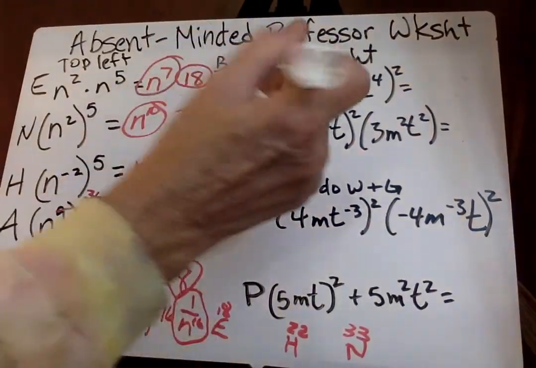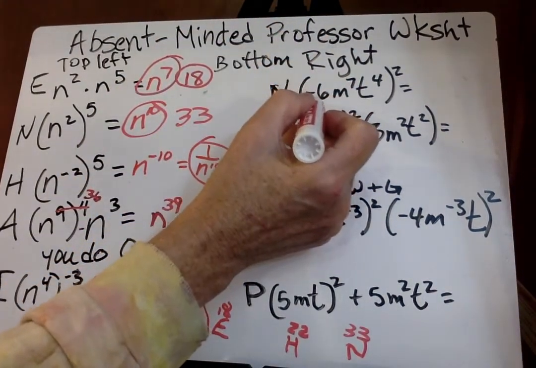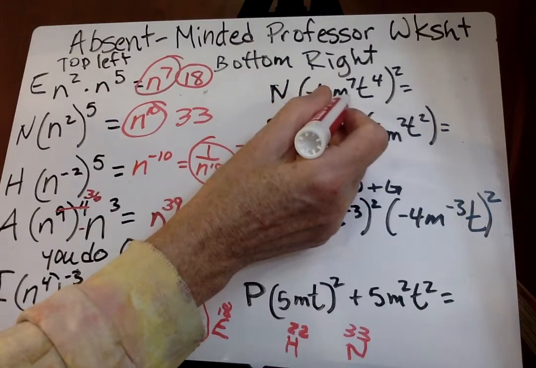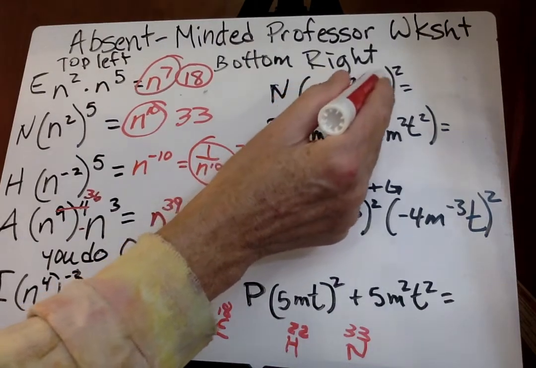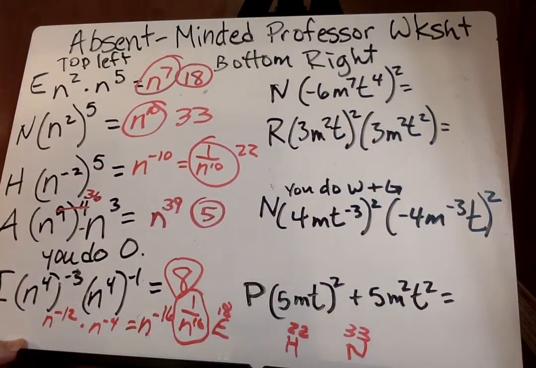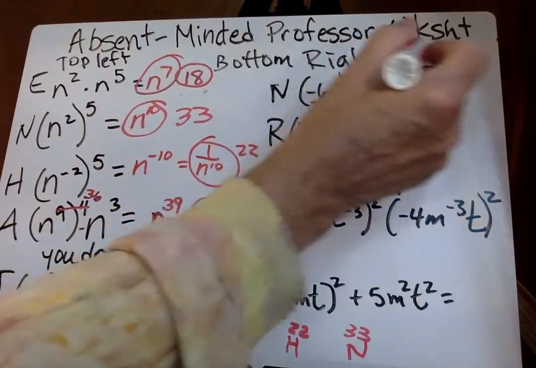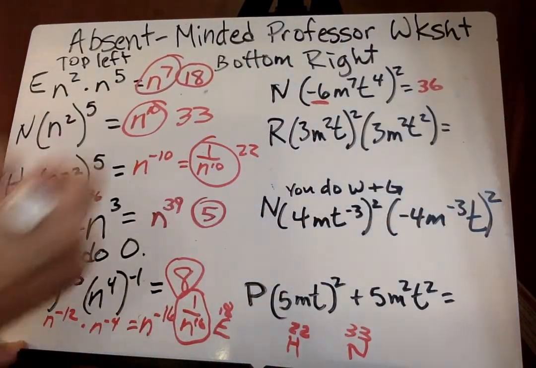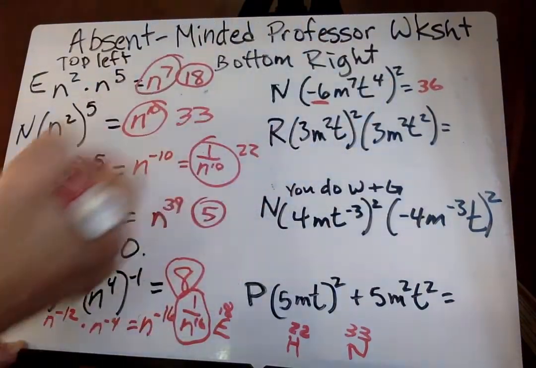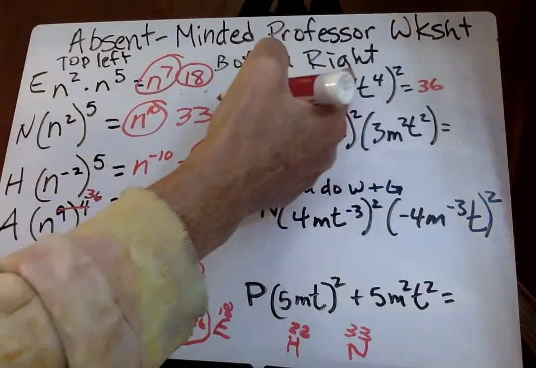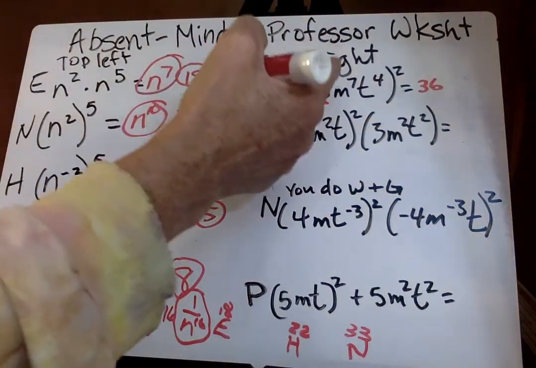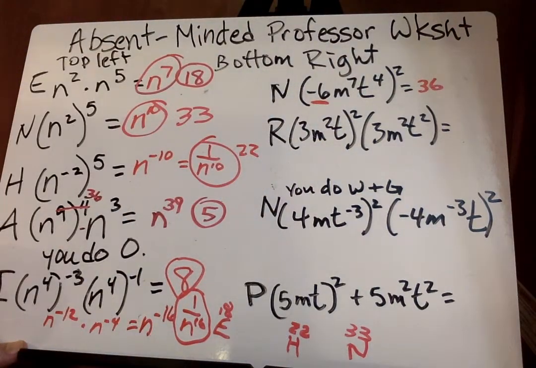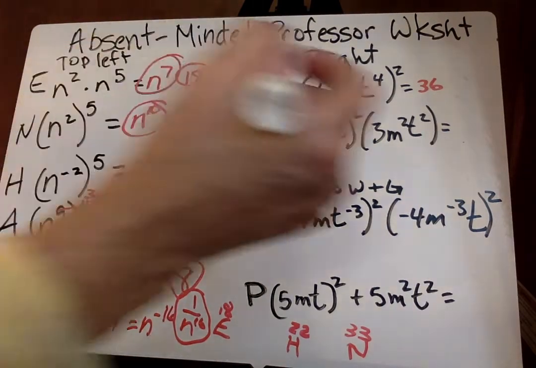Okay, so here, on the bottom right, we have negative 6 m to the 7th t to the 4th, raised to the second power. Okay, so first we go negative 6 squared, 36. M to the 7th, we're going to go ahead and multiply that because it's a power raised to a power. So we get m to the 14th.